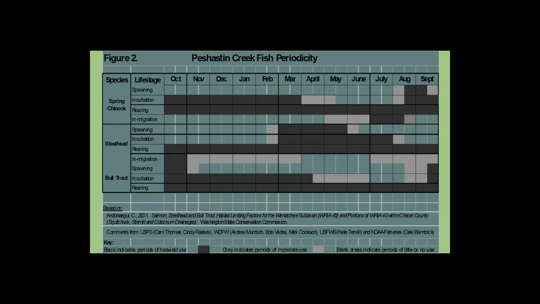But again, I'm happy to entertain questions on this. Clearly, if you just focus in on the irrigation season, that May 1 to October 1, so it's really the rightmost quarter of the timeline, that's where the primary benefit for the in-stream flow improvement would be seen for those life stages.